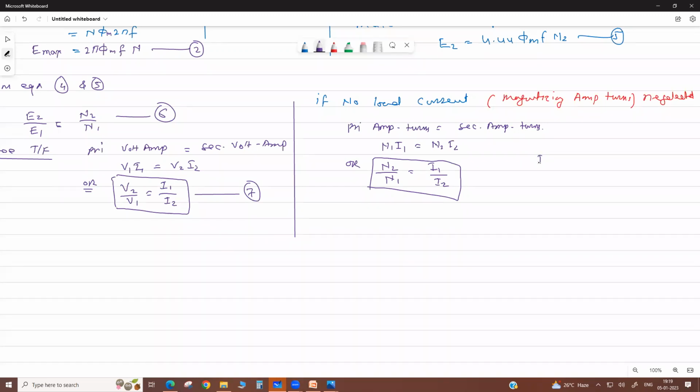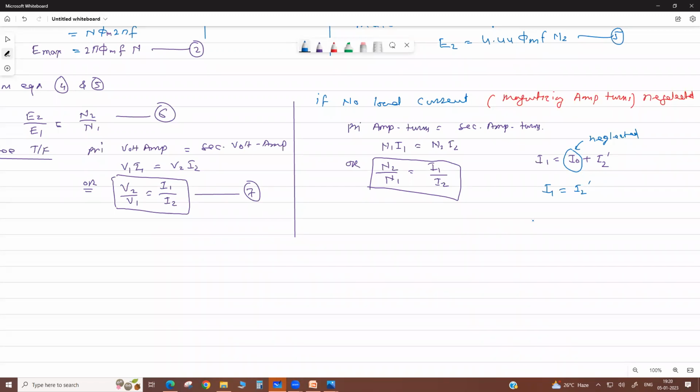So actually I1 equals I naught plus I2 dash. Actually we neglect this current I naught. If neglected, it means I1 equals I2 dash.